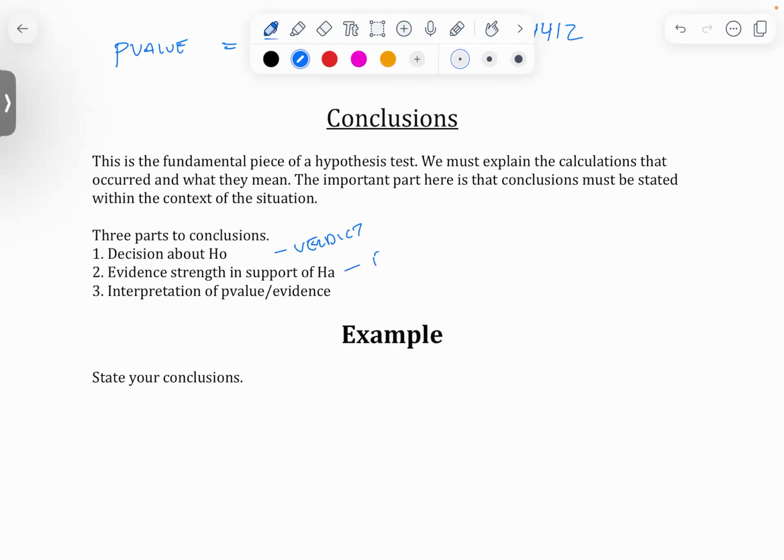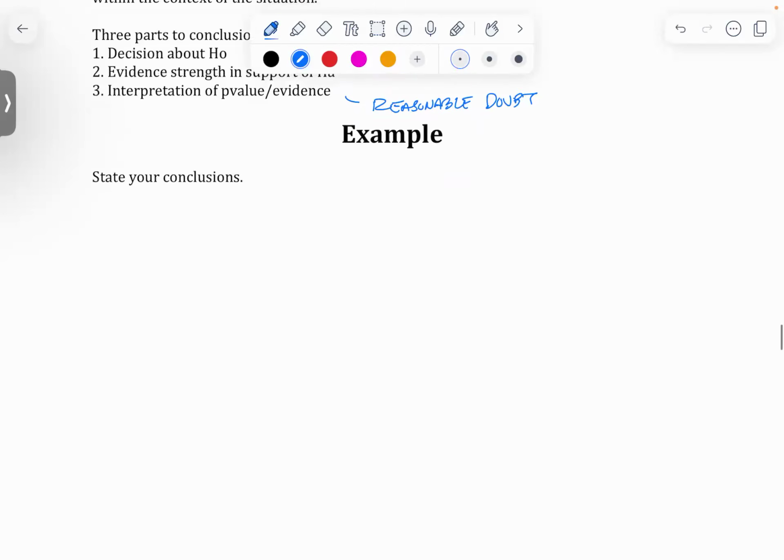Basically, that's the reading of the charges. And then lastly, interpretation of the p-value, and that's basically the discussion of reasonable doubt, because that's what our p-value represents. So let's state our conclusions.